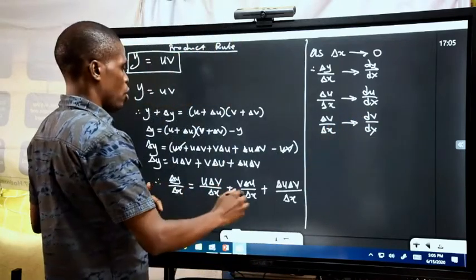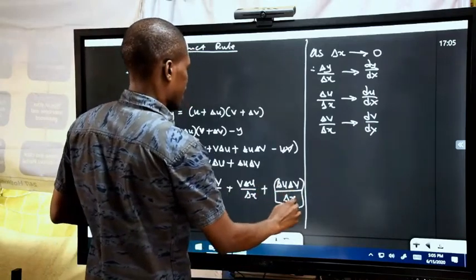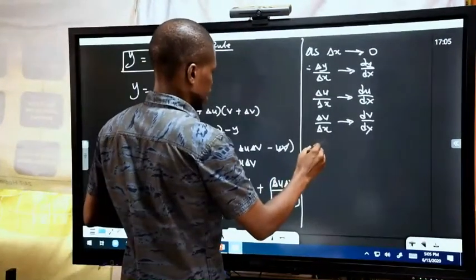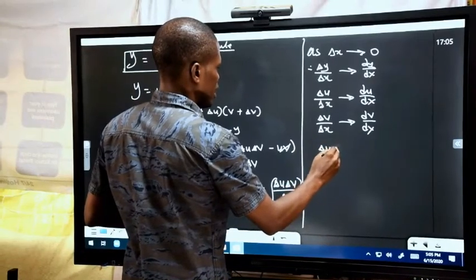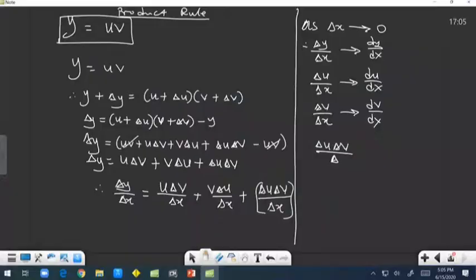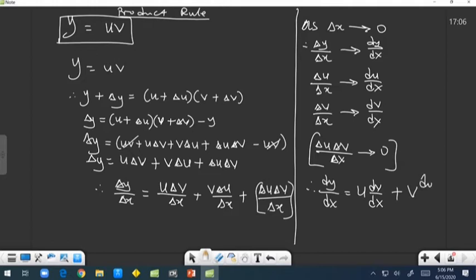So when this occurs, the last term delta u delta v divided by delta x will be equal to 0. And therefore, what we have is dy over dx is equal to u dv/dx plus v du/dx.